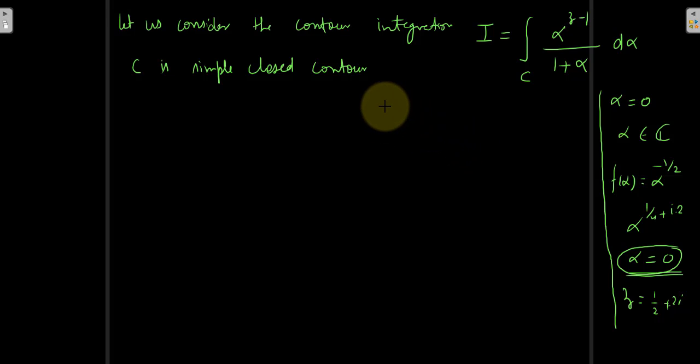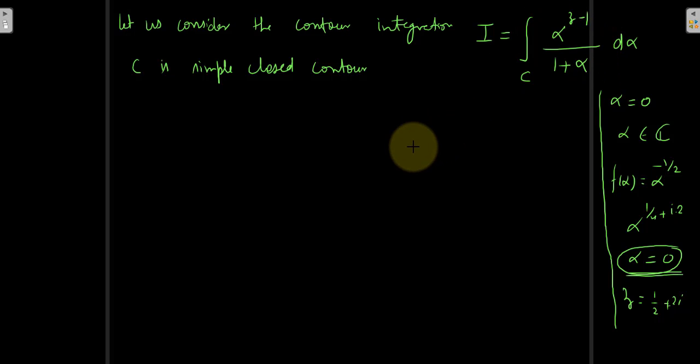So whenever we are trying to solve some integral with the help of contour integration, we must make sure that the region inside the contour C must not contain any branch point, and on the boundary of C we must not have any singularity of this integrand.